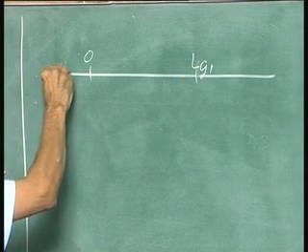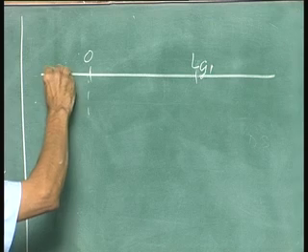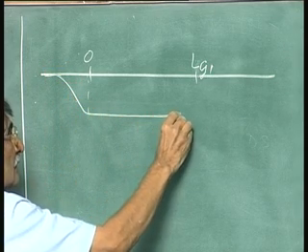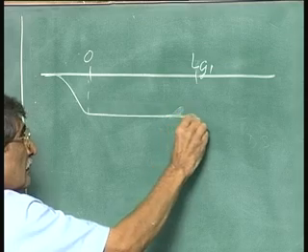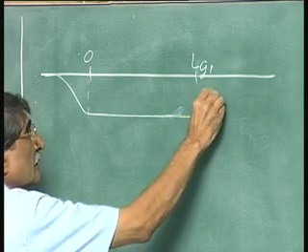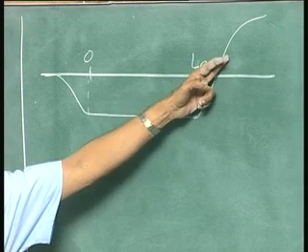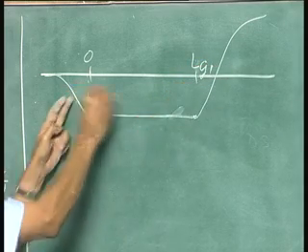Then I will have the potential coming down like this at a particular VGS, not like that, up to that point, source to drain, the source and drain end.